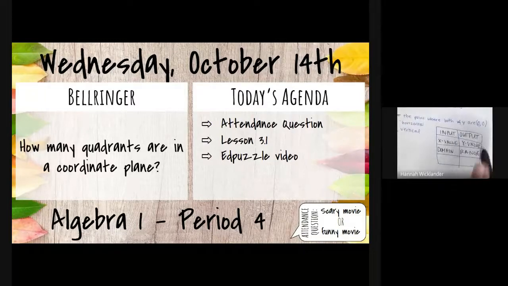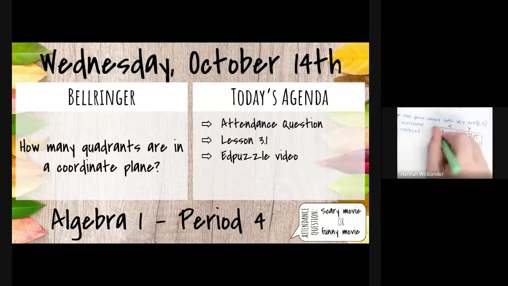You might hear me use the word input, output, x value, y value, domain, or range. Input, x value, and domain all mean the same thing, and output, y value, and range all mean the same thing. I'm going to highlight it to make it even more fun.